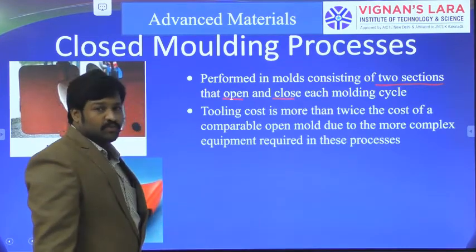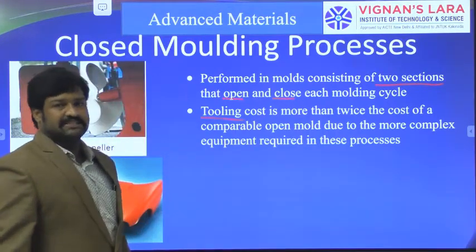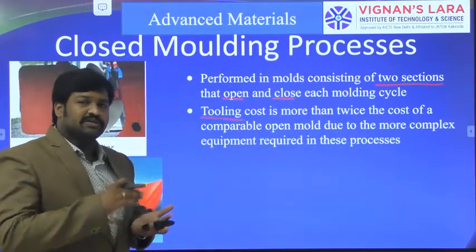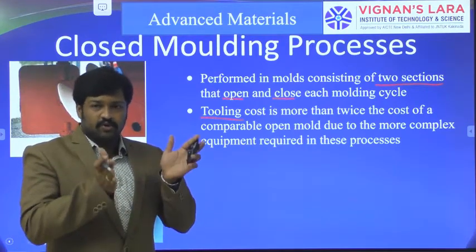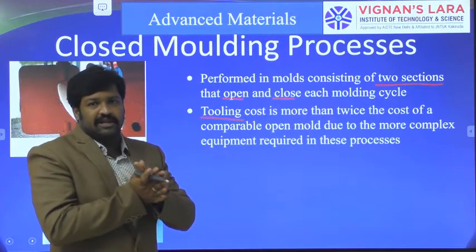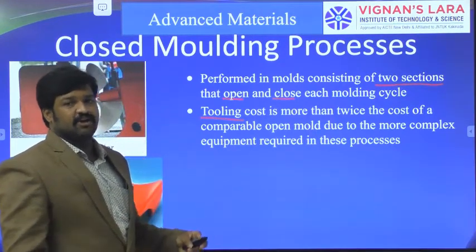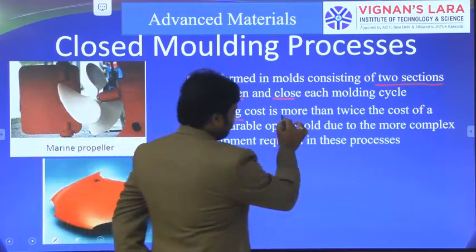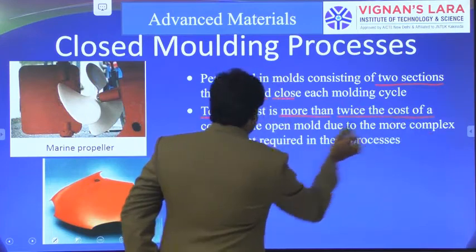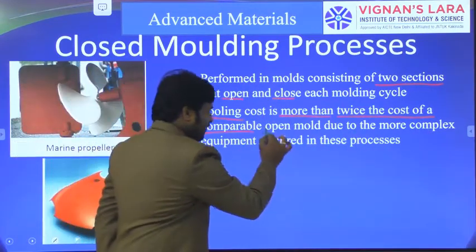Next, tooling cost is more. Tooling in the sense, our dies. The cost of the dies is high. Why? Because here we are using two dies, top die and bottom die, two dies to be closed. Earlier we used only one surface, so compared to that, the tooling cost is high. Tooling cost is more than twice the cost of open mold.